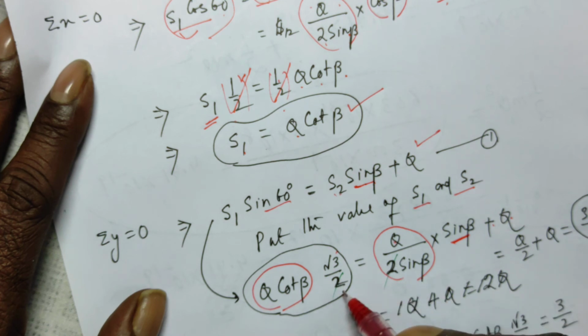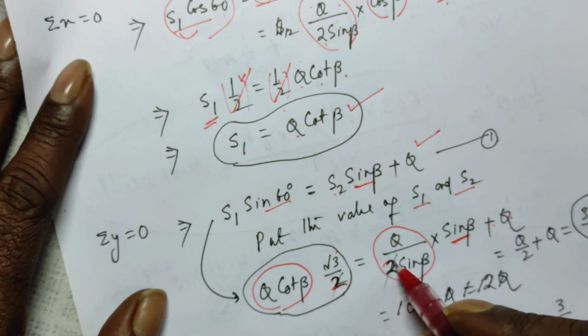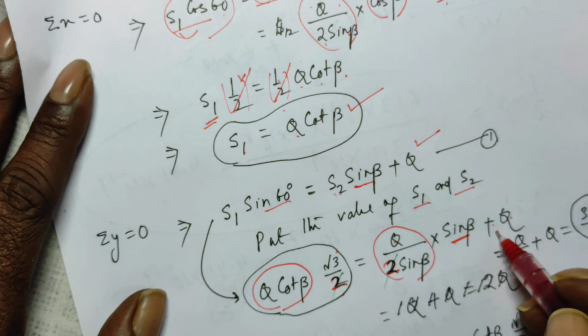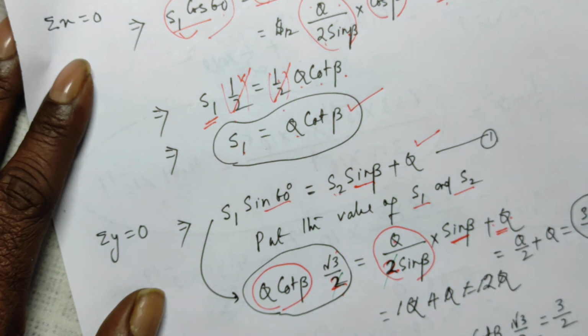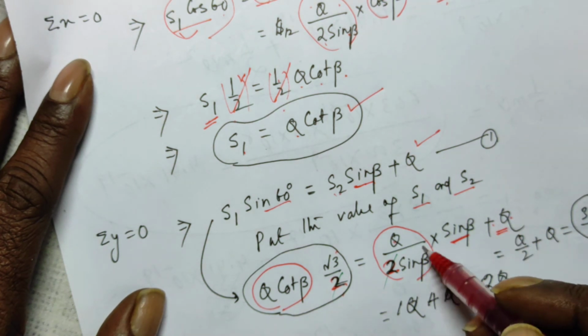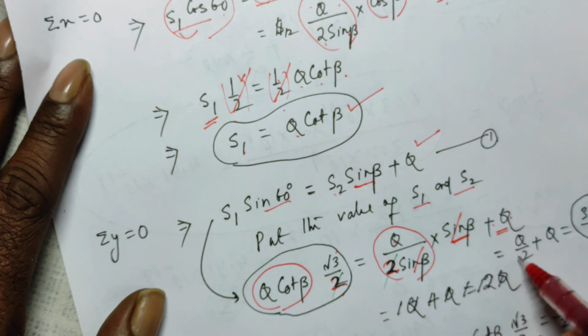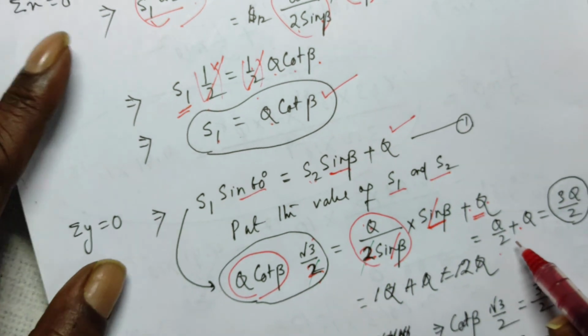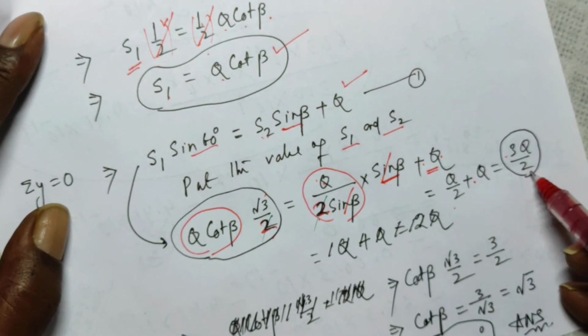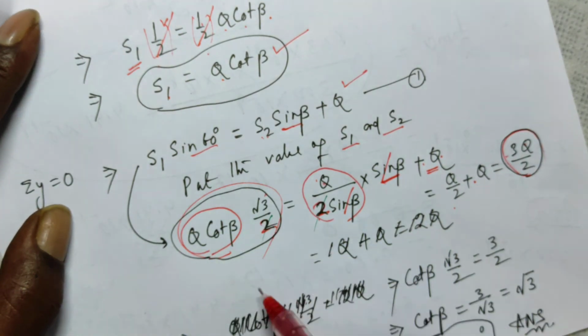Sorry, this 2 is not cancelled. This 2 is there, this 2 is there. This cannot be cancelled because there is an addition term here. So sine beta cancels. So it is Q over 2 plus Q. So that becomes 3Q over 2 is equal to this.